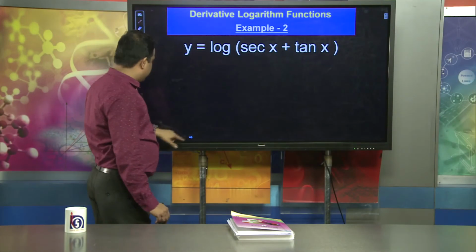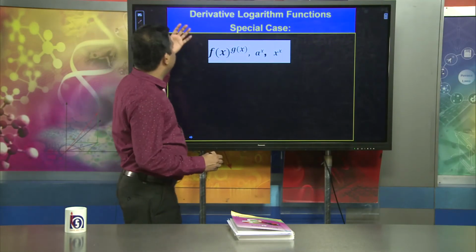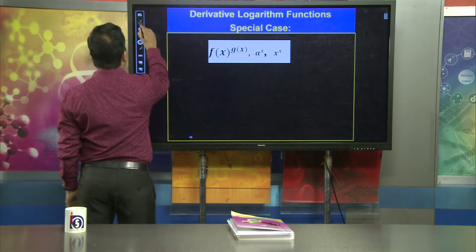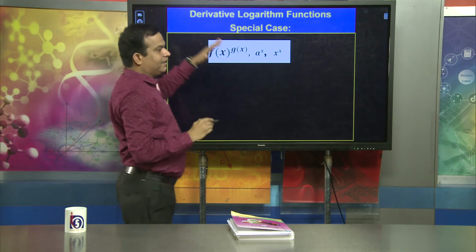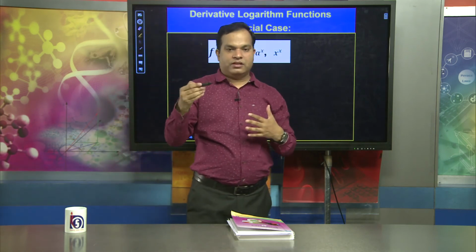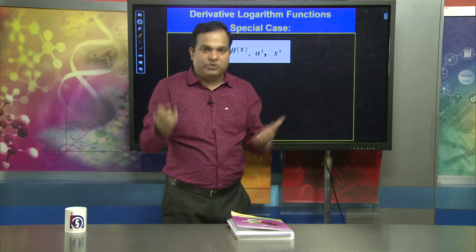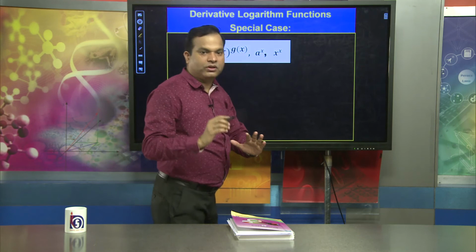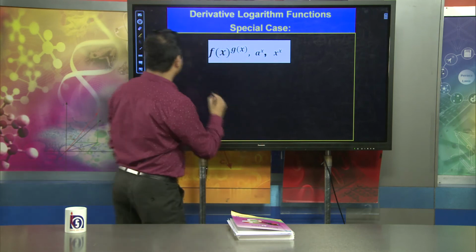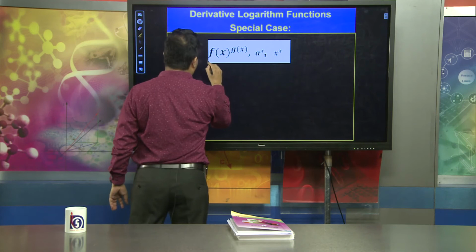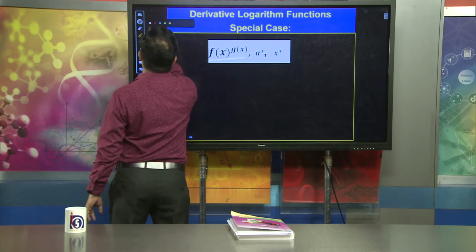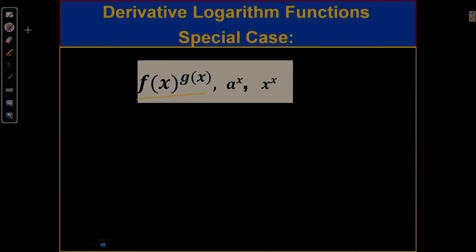Now we will discuss another part, the derivative of logarithm functions with a special case. Special case means in some situations we have to use other techniques. For example, if one function is raised to the power of another function, like f of x raised to the power g of x.